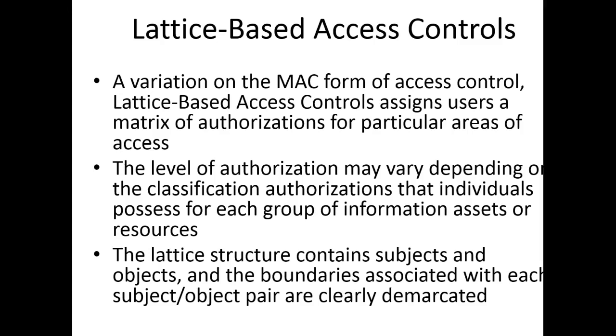Maybe the particular object could be a printer, and that list is referred to as an access control list. The row attributes associated with a particular subject, a user, we refer to as a capability table. So we are matching that printer with that user.